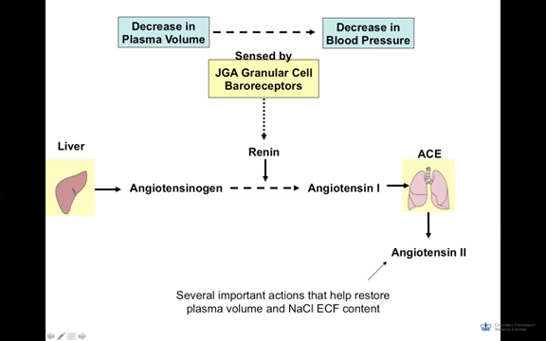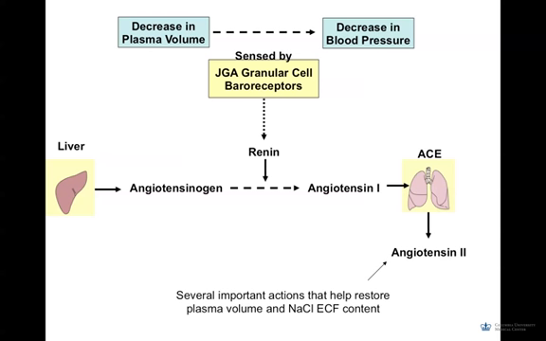And when angiotensin 1 enters organs like the lungs that have a high deposition of an enzyme called ACE, otherwise known as angiotensin converting enzyme, ACE, when angiotensin 1 interacts with ACE, it's converted into the active hormone called angiotensin 2.